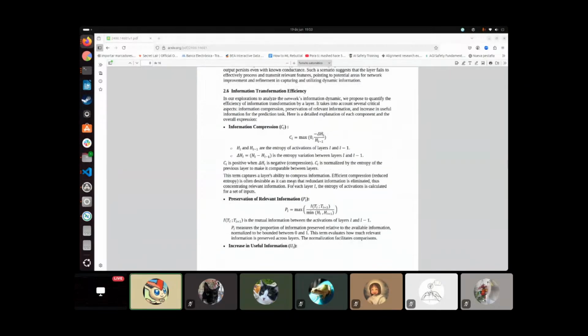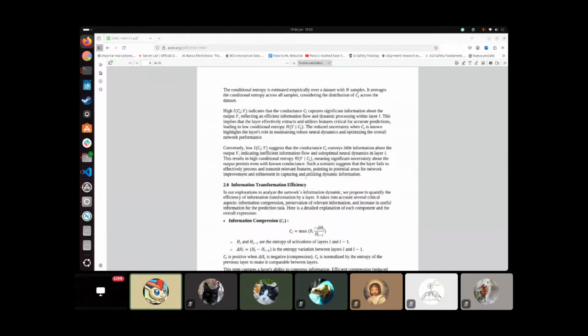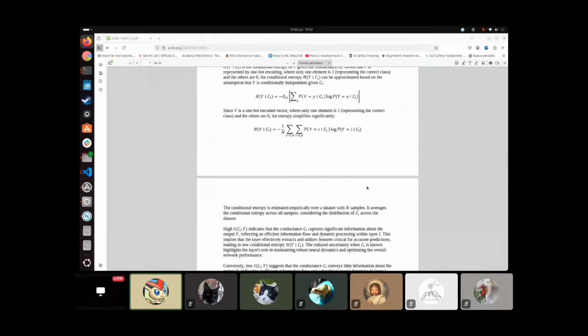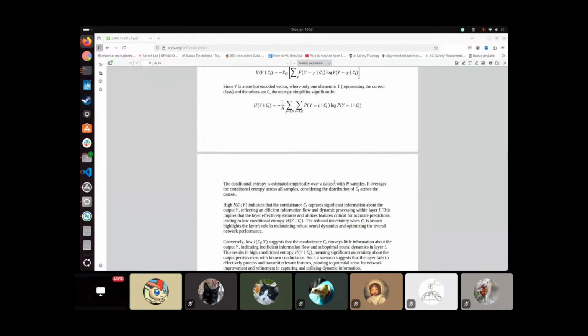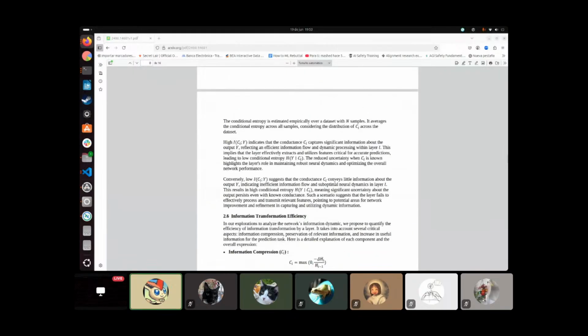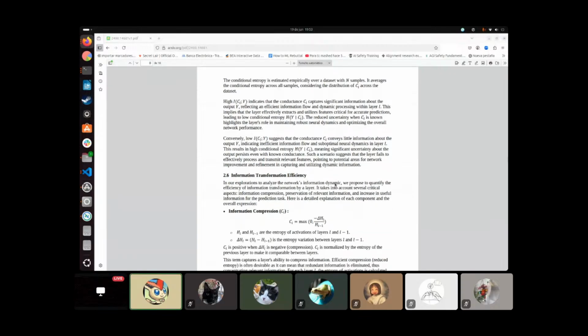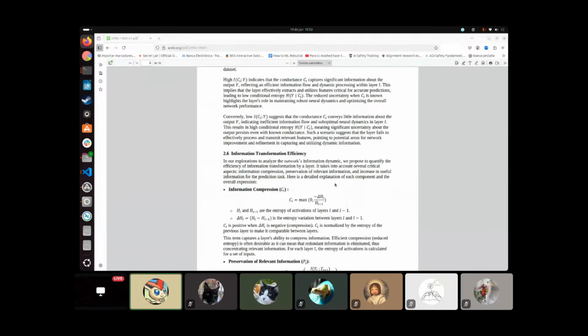Information transformation efficiency. Expressions to analyze the network. I feel like I could probably understand if I spent some time looking up terms and trying to remember math and stuff, but I don't feel this is interesting enough to motivate me to actually do that.